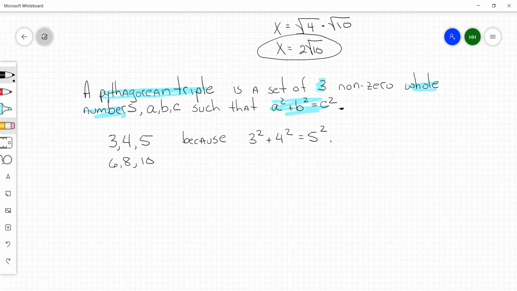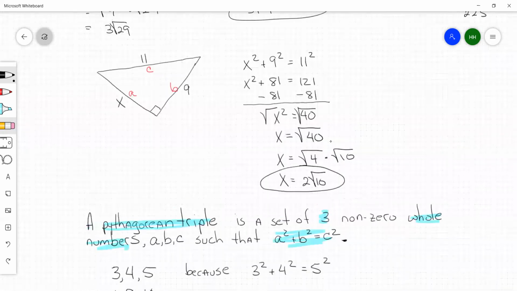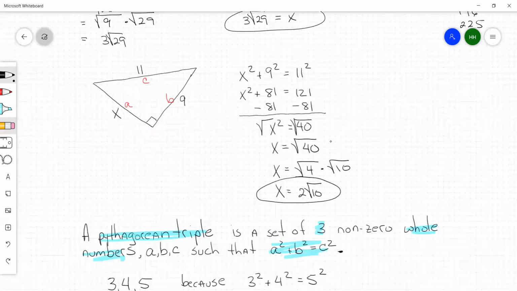It's not just the 3 sides of a triangle, okay? Because if you go back here, is 2 radical 10, 9, and 11 a Pythagorean triple? Well, it meets the criteria of a squared plus b squared equals c squared, but 2 times the square root of 10 is not a whole number, is it?